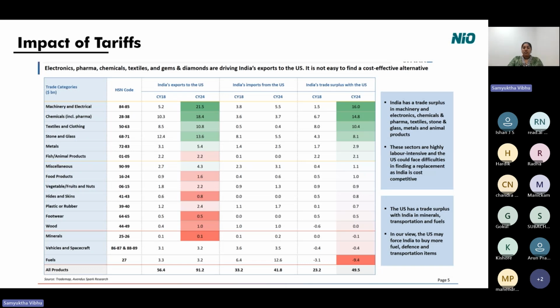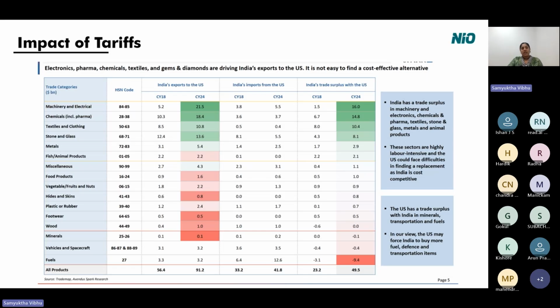So if we look at where the US has a trade surplus, this is in minerals, transportation, and fuel, and this is where they've been trying to negotiate more. And the other segment, of course, is defense. So you are seeing two things, right? They have been trying to push auto, but I don't think auto is really working out in that space.